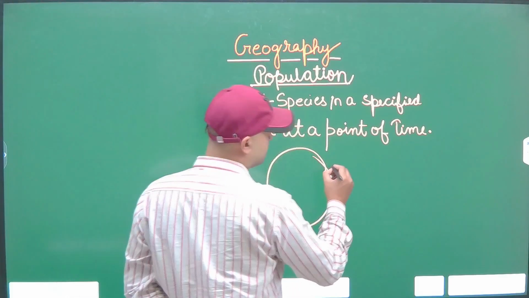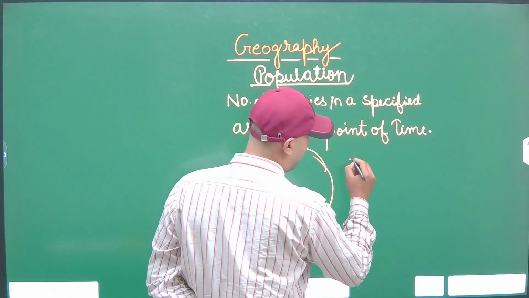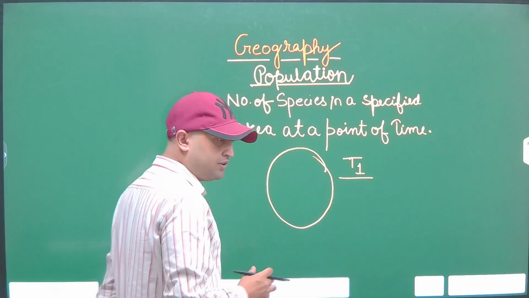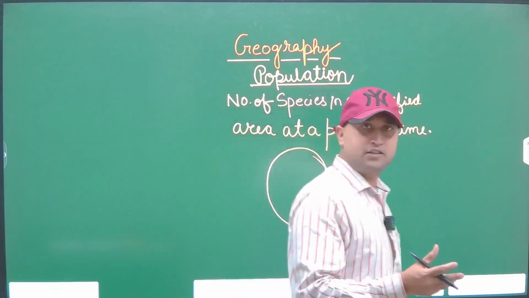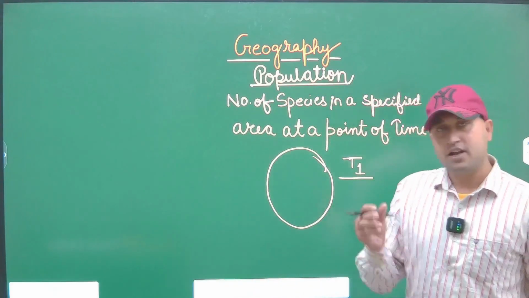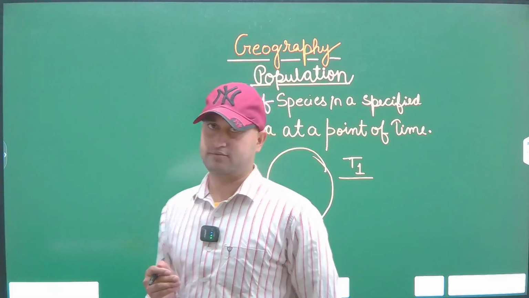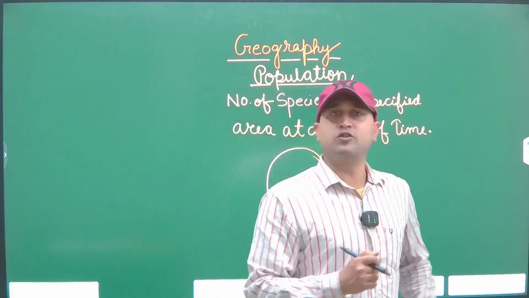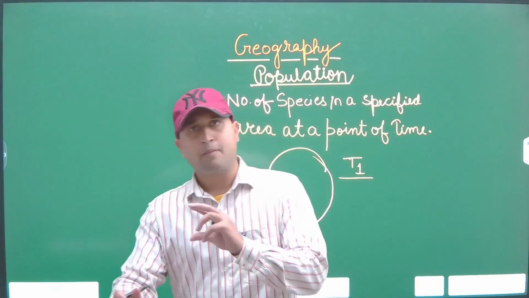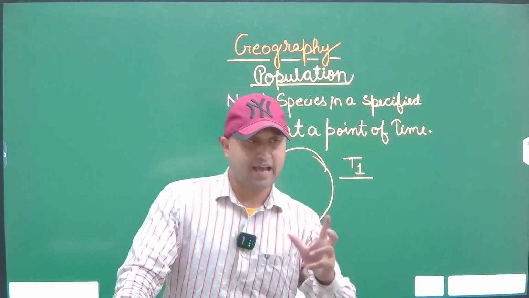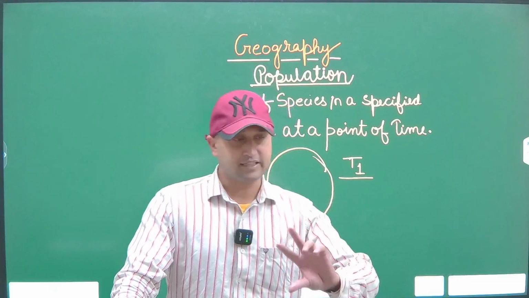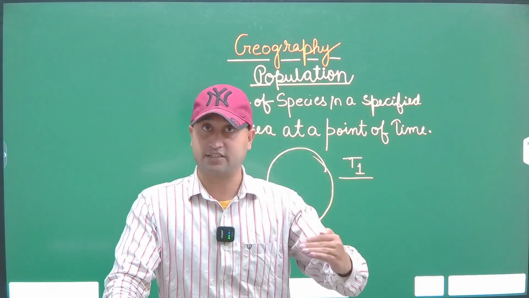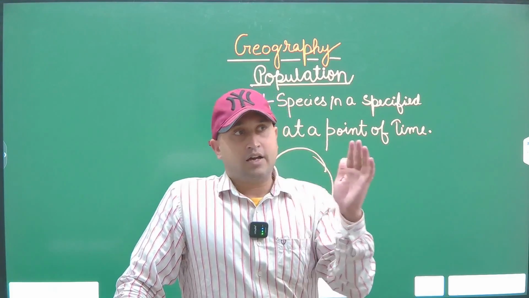Let us suppose that at a point of time t1, the number of human species, that we call population. We can calculate the population of different species. For example, we can find the population of plants, of animals, of humans. Further, we can decode it.